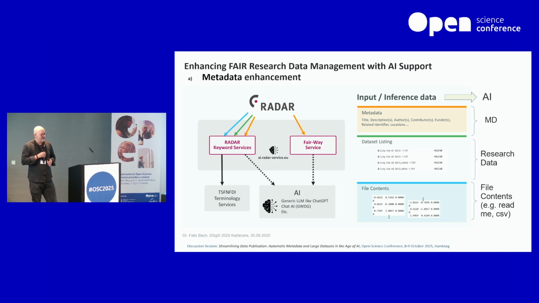So there is, for example, textual data like text files, README files, CSV files, and we can extract terms from these files directly. So, for example, the headers of the CSV files, or something in the README file, the description can be parsed and then mapped to terms of a controlled vocabulary.